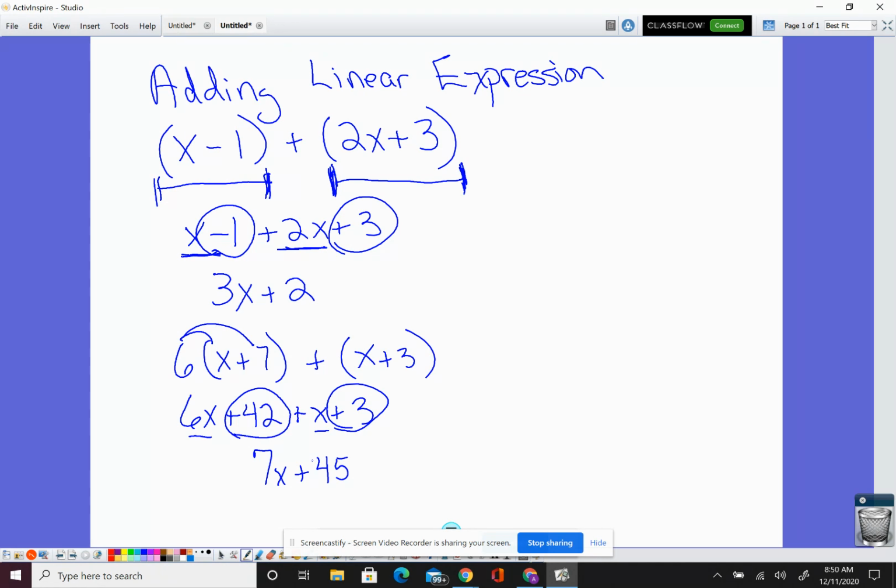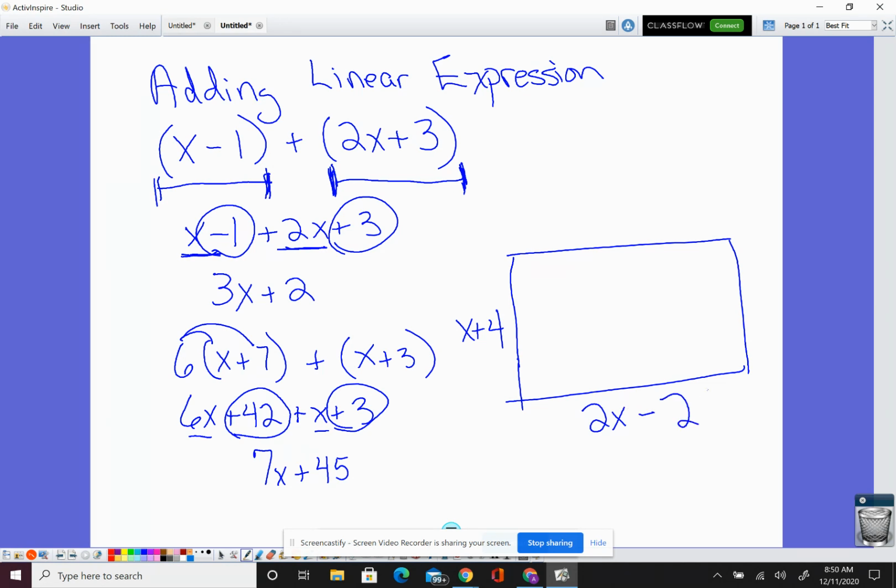So if a rectangle has the sides of x plus 4 and 2x minus 2, write an expression for the perimeter.